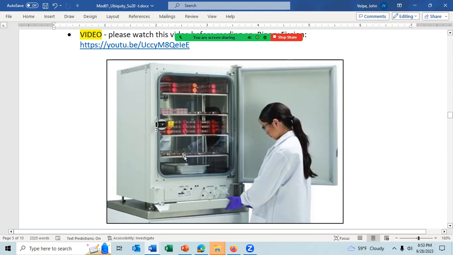That really is there to prevent the plates and the dishes from drying out quicker. And that way the plate can be kept in the incubator for a longer period of time, with the cells being kept alive for a longer period of time. And then it heats up the culture to whatever temperature you want. We have them set at either 30 degrees Celsius or 37 degrees Celsius.